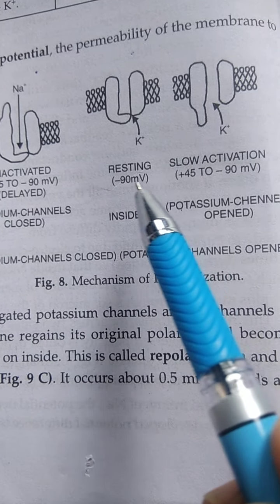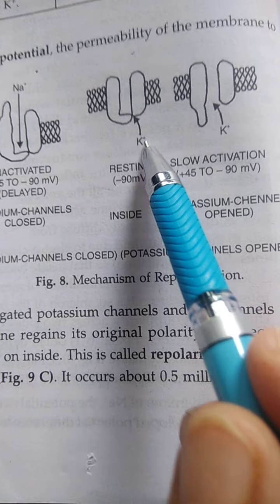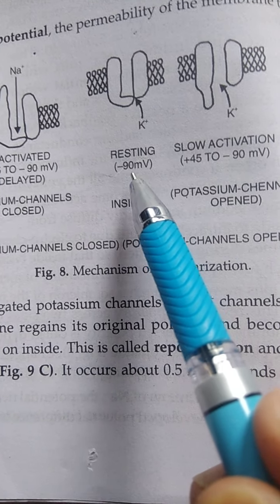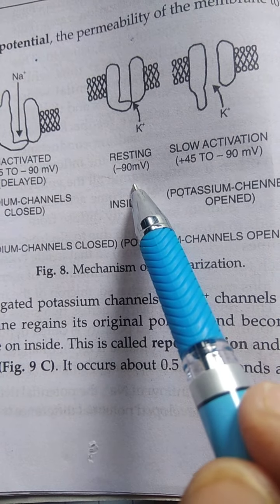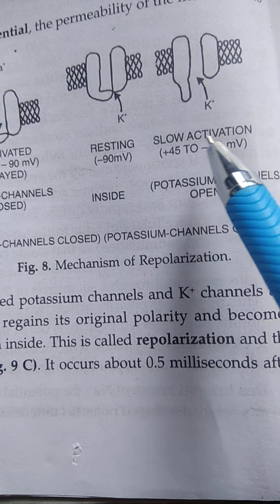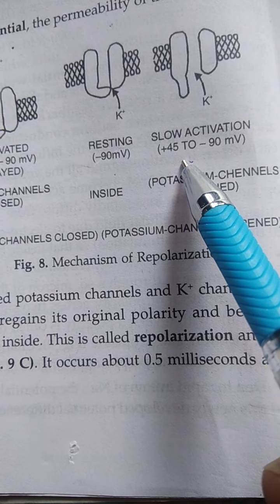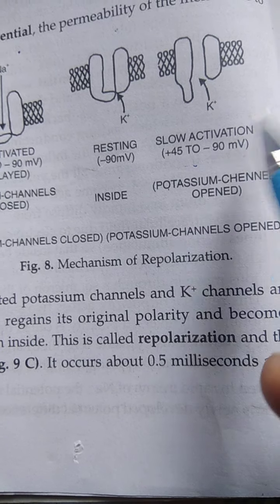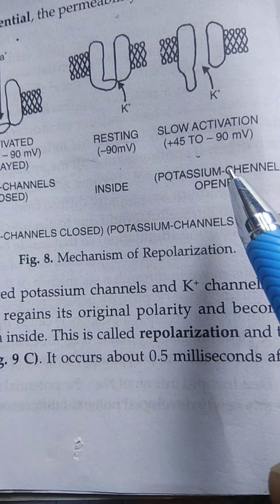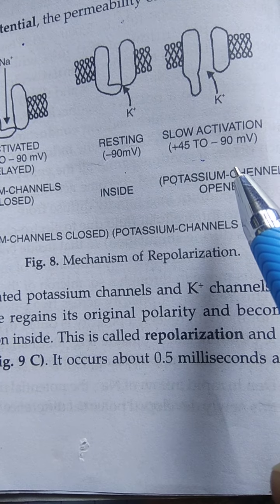In this particular resting nerve fiber, they were closed and the potential difference was minus 90 millivolts, whereas when they open, the potential difference at once changes and becomes plus 45 from minus 90 millivolts. So at once that change is there.